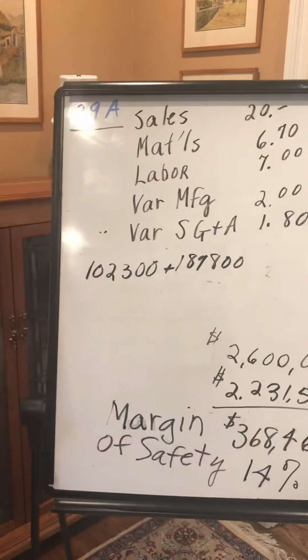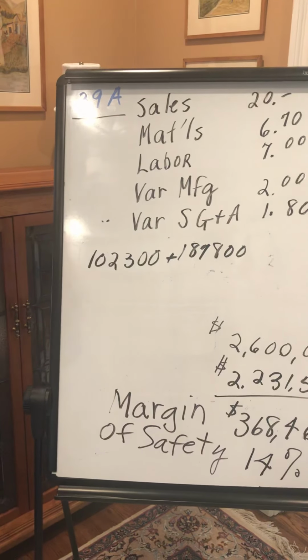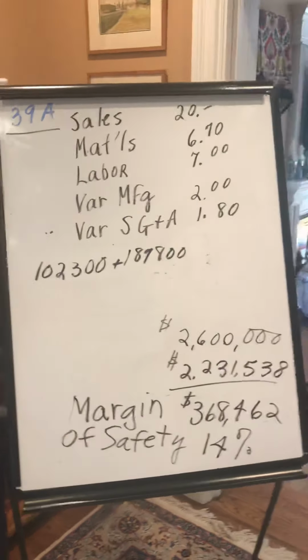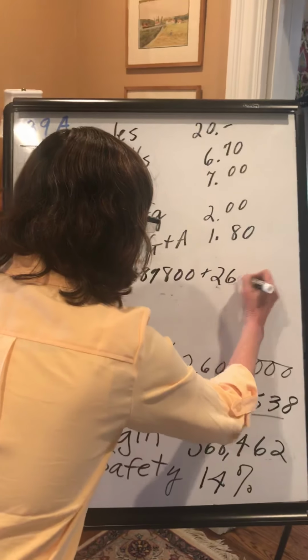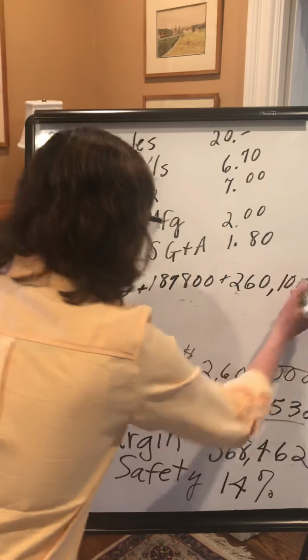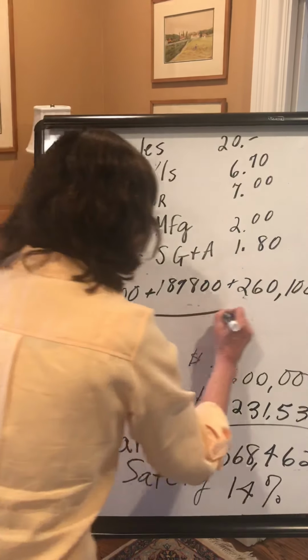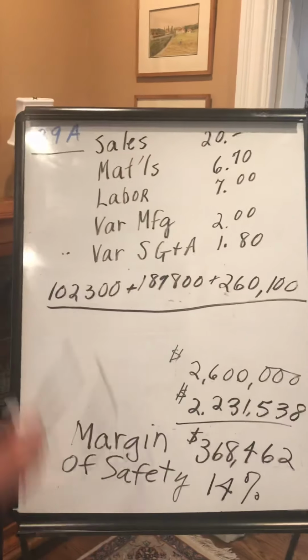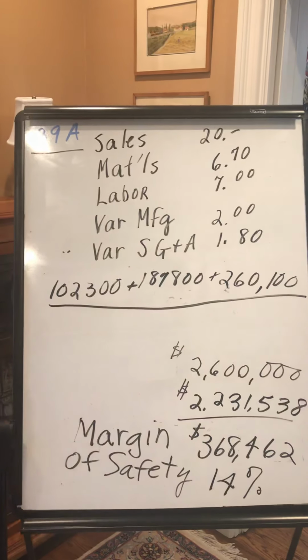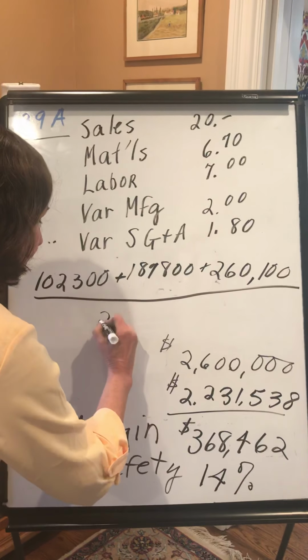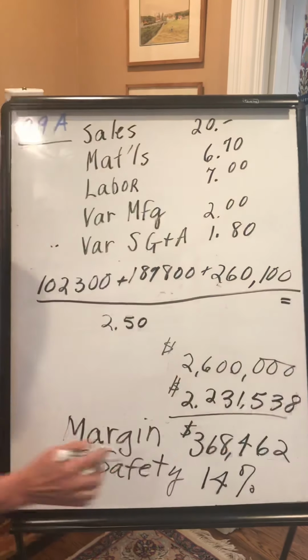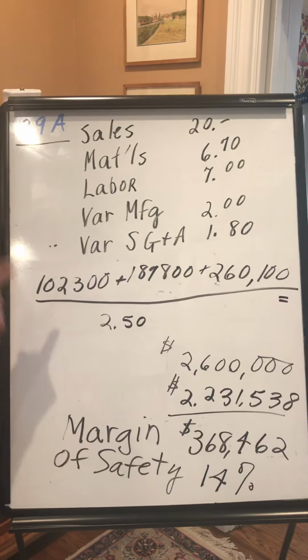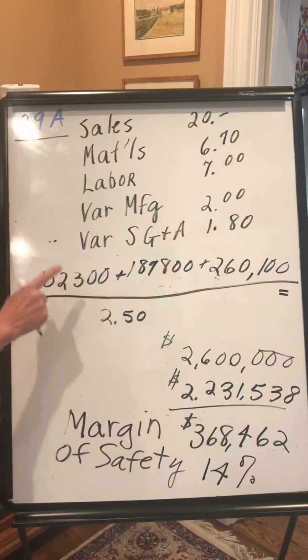And now we're going to put in the desired profit, which they tell us that they want to make $260,100. We're going to add that where we had 0 before. And remember, what are we going to divide by? The contribution margin, $2.50.